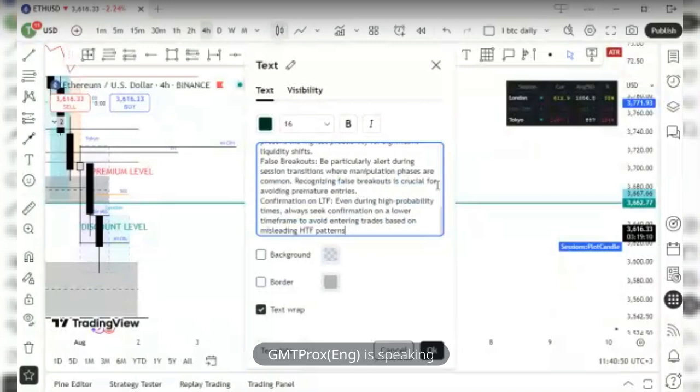Recognizing a forced breakout is crucial for avoiding premature entries. Even during high probability times, always seek confirmation on a lower time frame to avoid entering trades based on misleading higher time frame patterns. Very, very important.